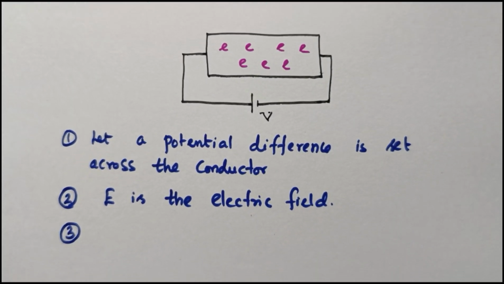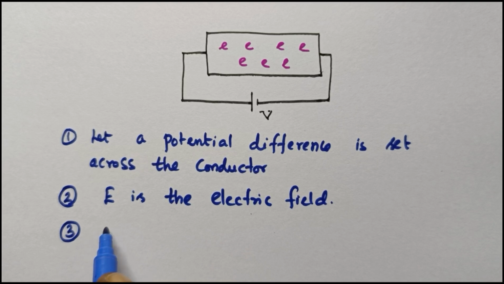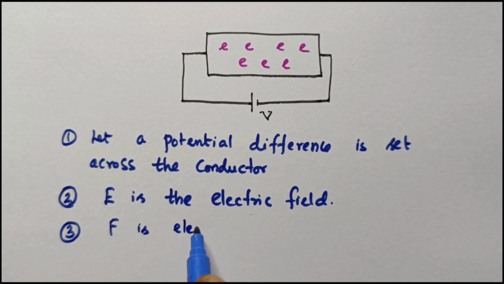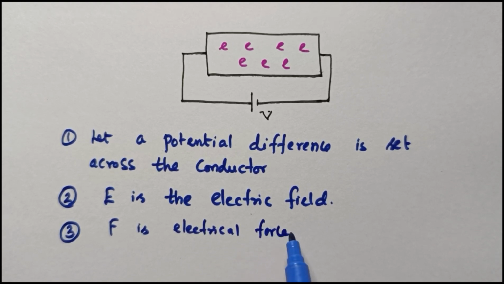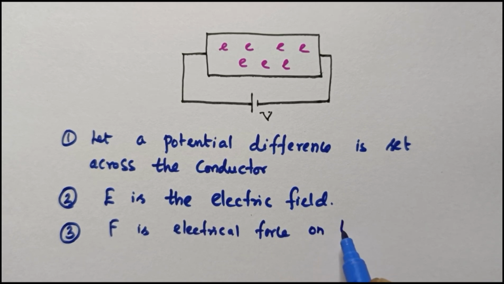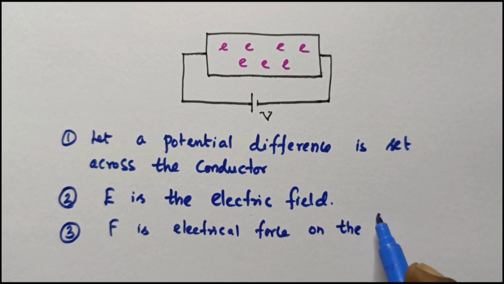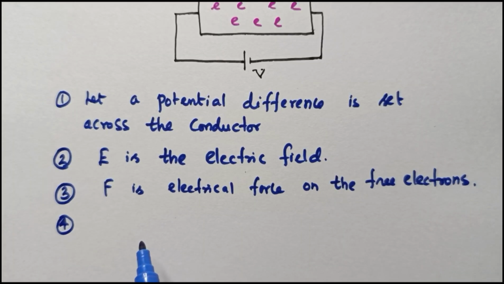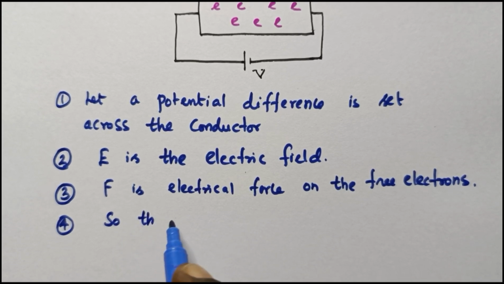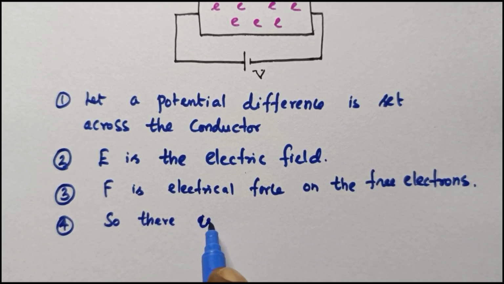So F is the electrical force due to the electric field on the free electrons. Now the electrons are accelerated. So there is acceleration.